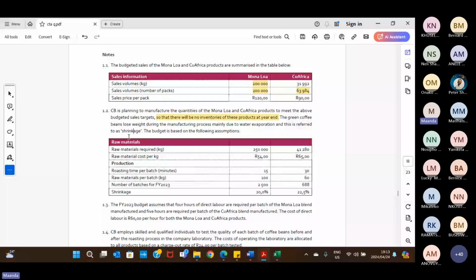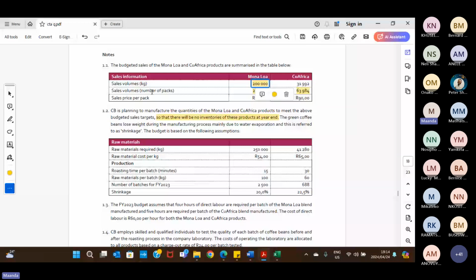So already I can see that if my sales volume for M is in kg and I'm selling 200, and I don't have any other inventory remaining, it means that this is my output that I'm selling in terms of kgs.